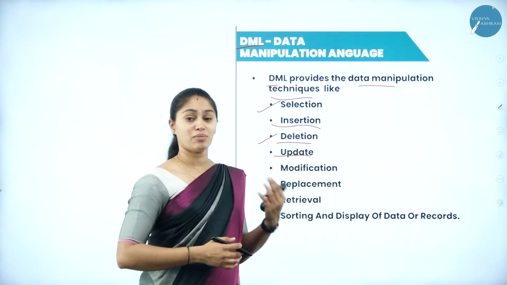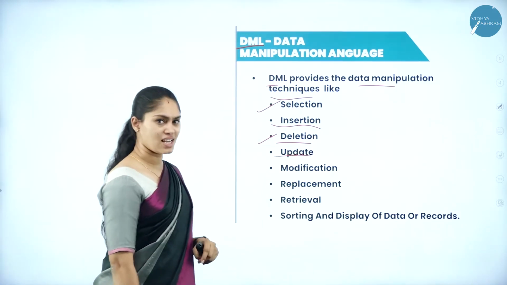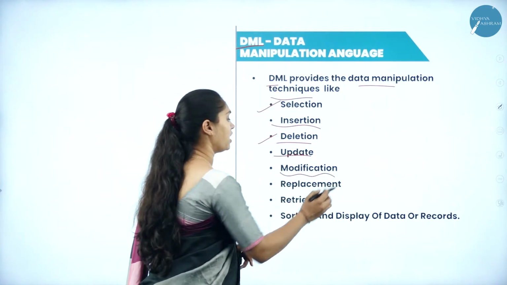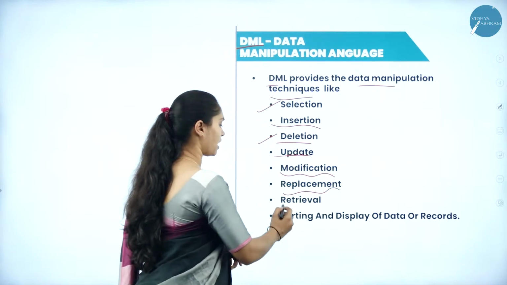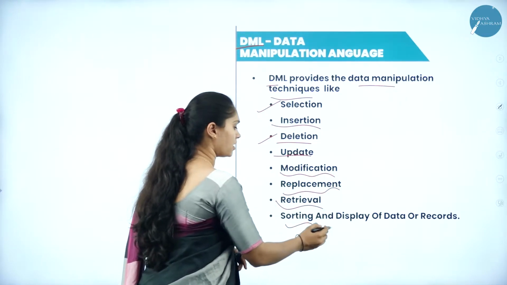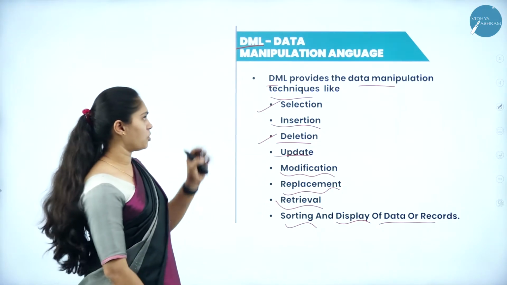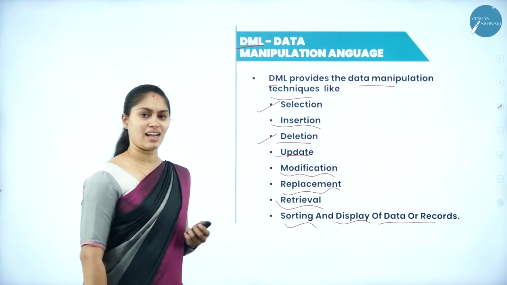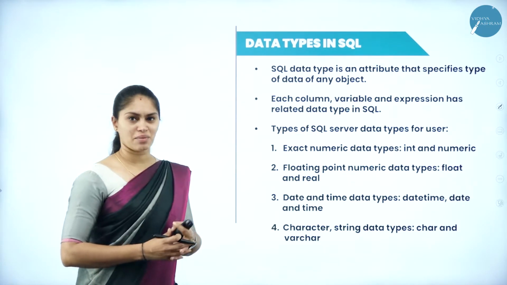That means if I want to manipulate a relation or a table, we can also do that with the help of this DML, and also we can do the modification. So update, modification, replacement can be done. Retrieval, sorting, and display of the data or record can be done with the help of this data manipulation language. So we'll see the next topic, that is regarding data types in SQL.